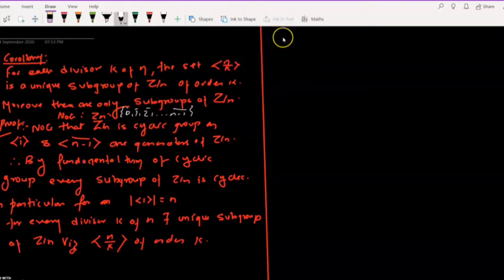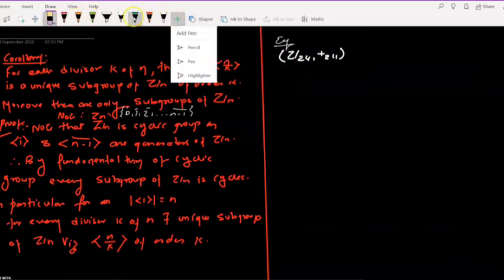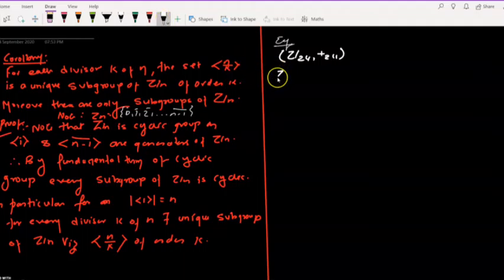Let's take an example quickly to point out whatever we have just said. Let me look at Z24 with addition modulo 24. So this is cyclic, right? Z24 would be 0 bar, 1 bar, and so on up to 23 bar.